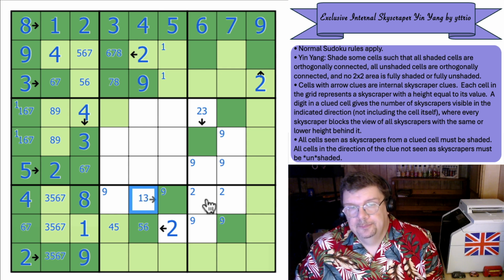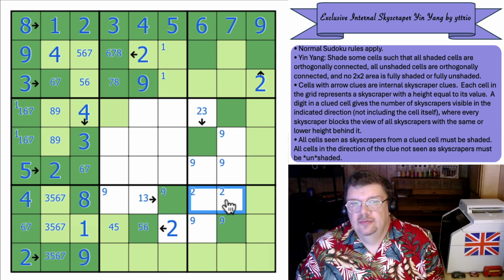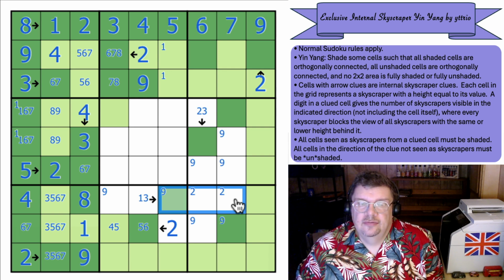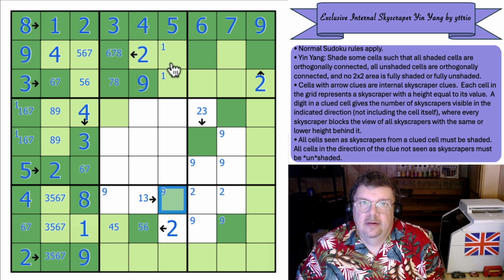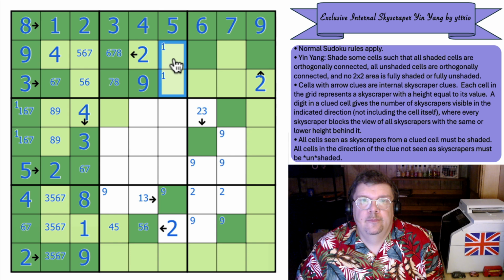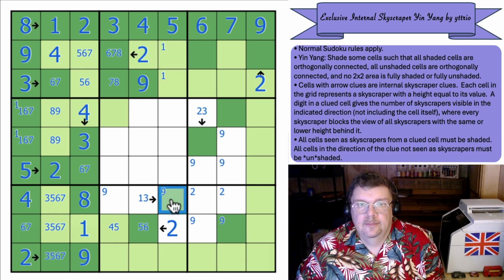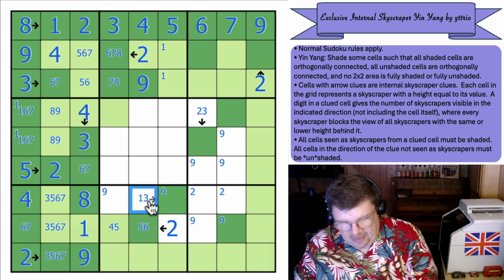Right, because if this were a 3, then both of these 2 cells would be shaded. So I'd have 3 shaded cells. But if I have 3 shaded cells, then I need the 2 to be in a place where there is a shaded cell smaller than it. If the 2 were here, I can't fit 2 cells in before it that are both shaded. So the 2 would have to be here. That would have to be a 1, but this one in this column is looking down there. That can't be a 1. Therefore, that can't be a 3. That must be a 1.